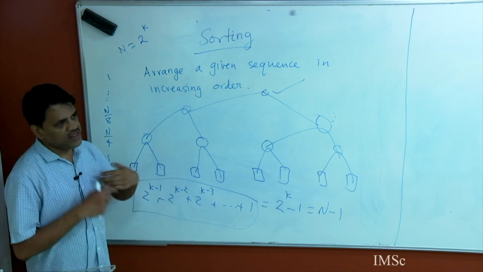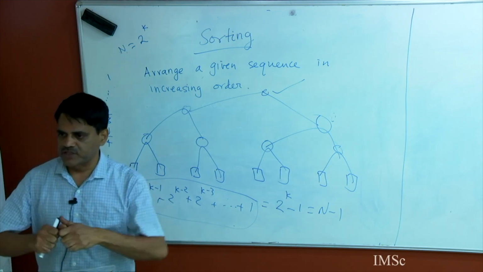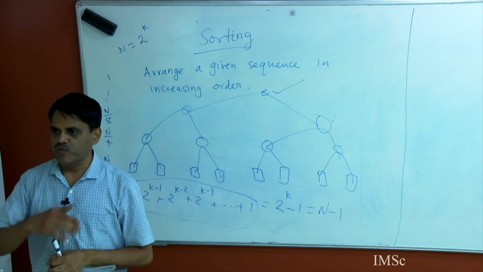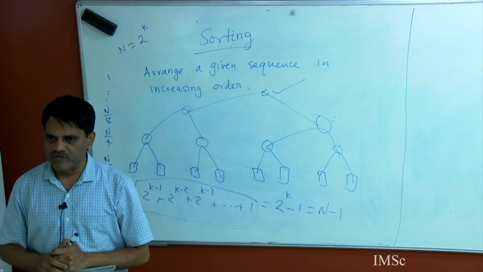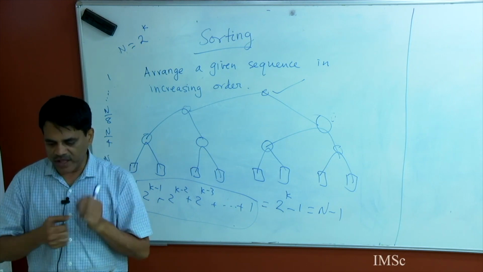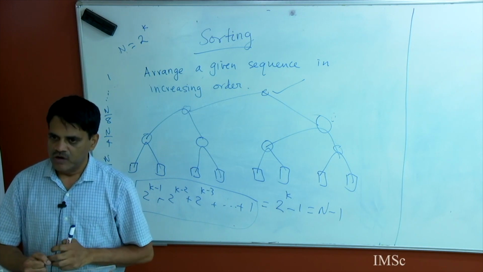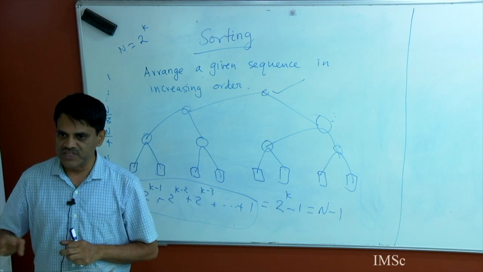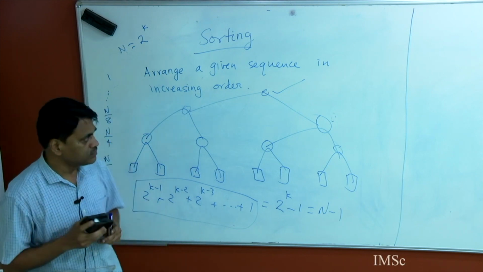So we can find the max in n minus 1 comparisons. Given a sequence of n numbers, there are a couple of algorithms we came up with where in the worst case we can find the maximum in n minus 1 comparisons. Now can I use it to sort n numbers? Use this as a subroutine.